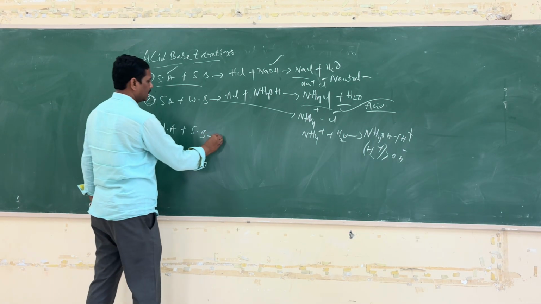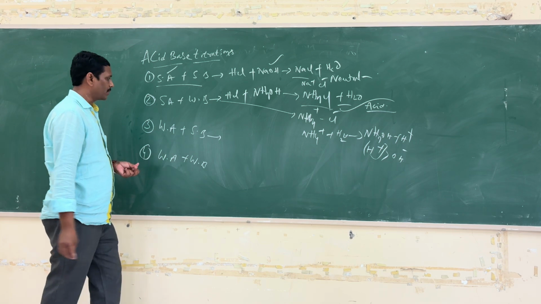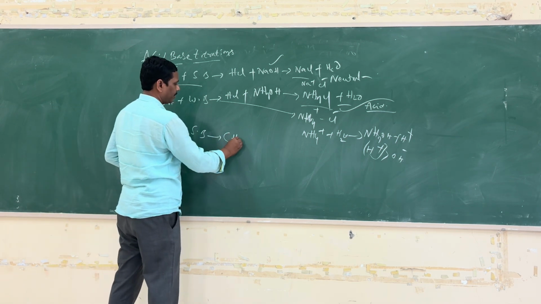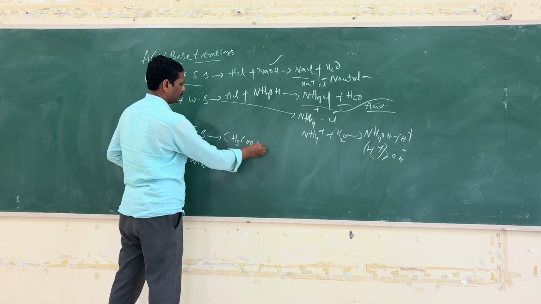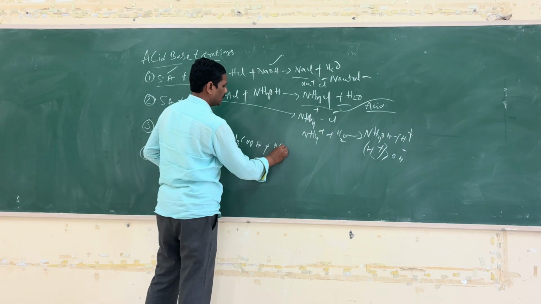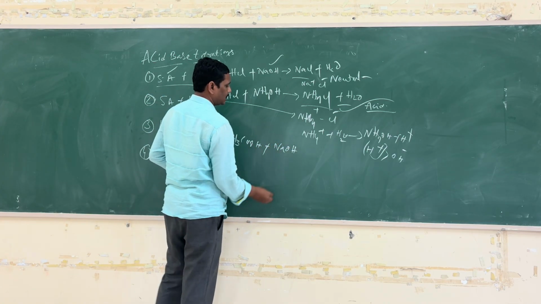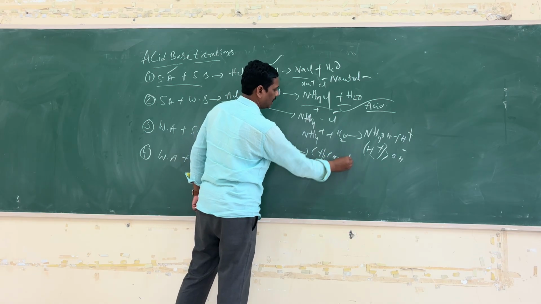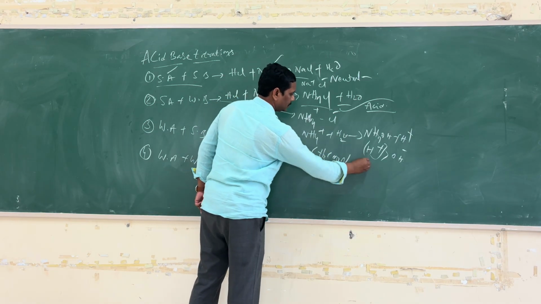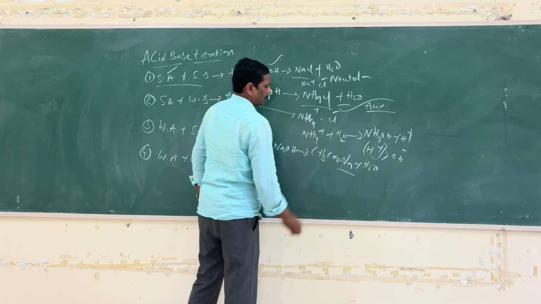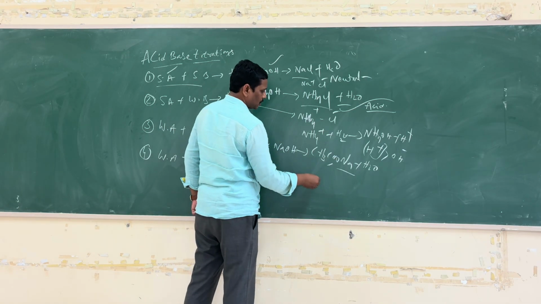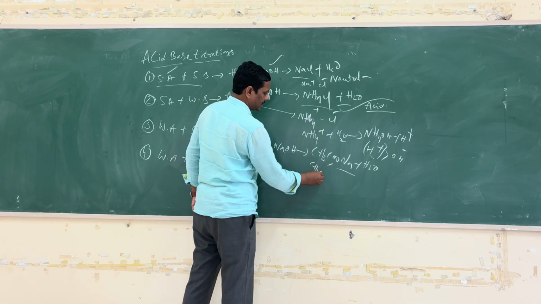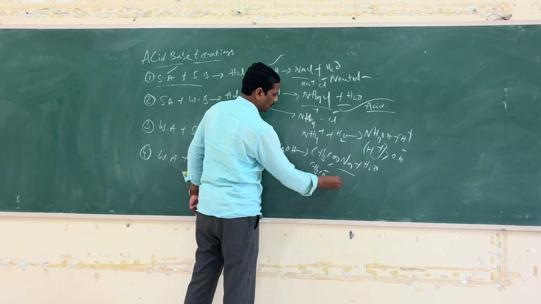Third category, weak acid as well as strong base: weak acid acetic acid and strong base NaOH convert into the corresponding salt, which dissociates into CH3COO- and Na+.